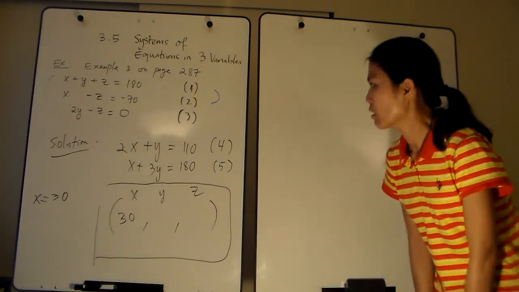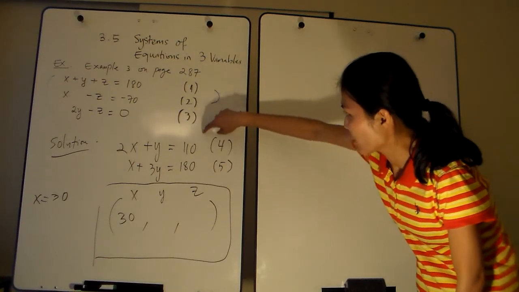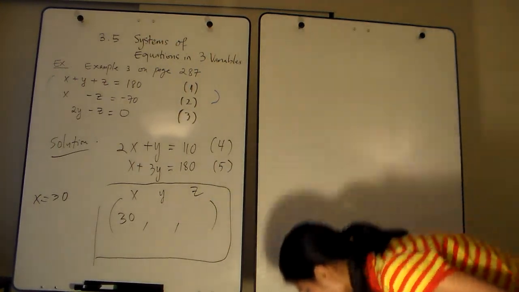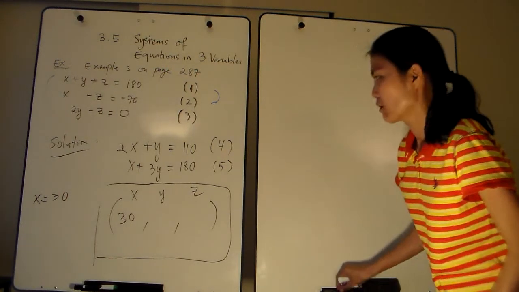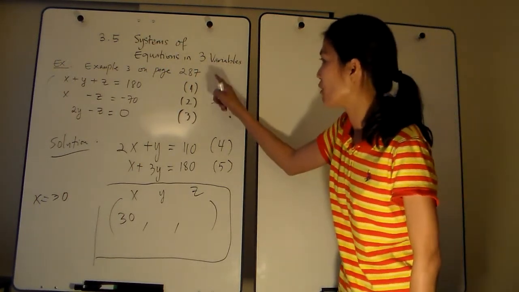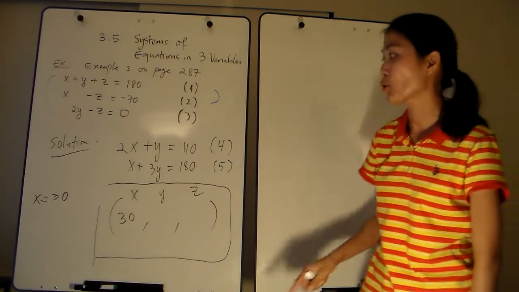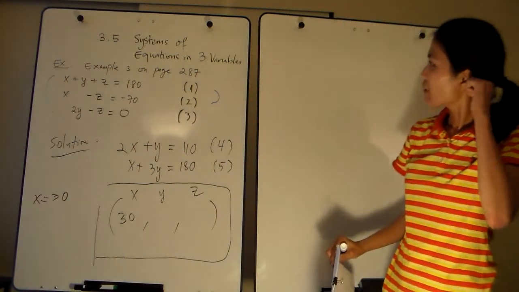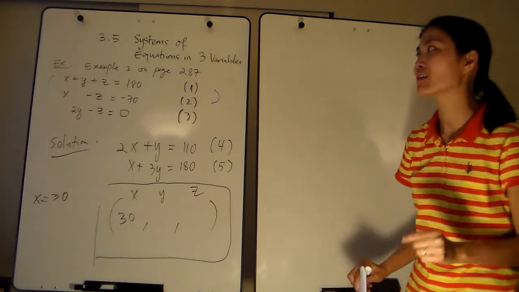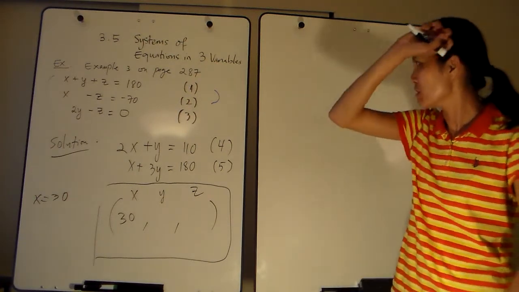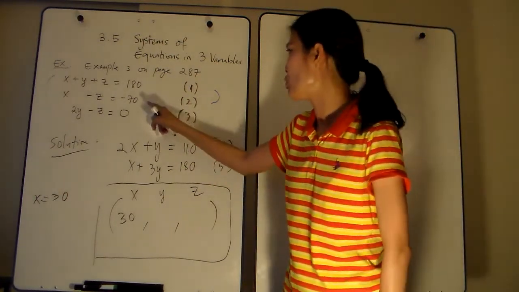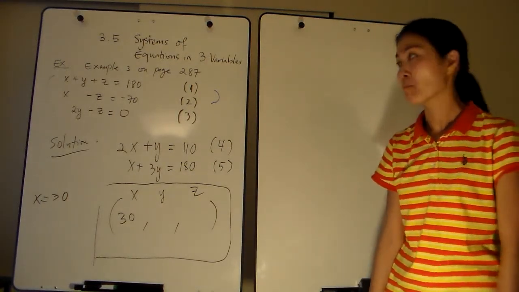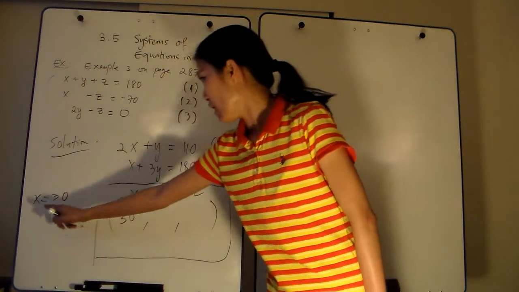Now, look at equation 1, 2, 3, 4, 5. Pick an easy one to solve for either y or z. Again, you cannot pick equation 1, 2, 3 because you don't know y and z. Okay, it has 3 variables. Actually, I take it back. For this example, equation 2 is only in terms of 2 variables. That means you can, because you know x, right?